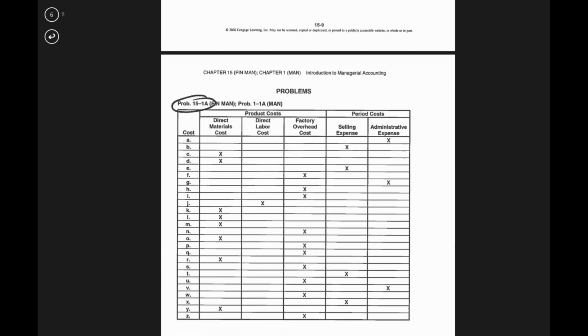Problem 1A, if you look through there, it says classifying costs, and you have to classify it as either a product cost or a period cost. If it's a period cost, it's either going to be selling or administrative. If it's a product cost, it needs to be one of these three. So inventoriable costs, and that's what ends up going straight to your income statement. Pretty straightforward problem.